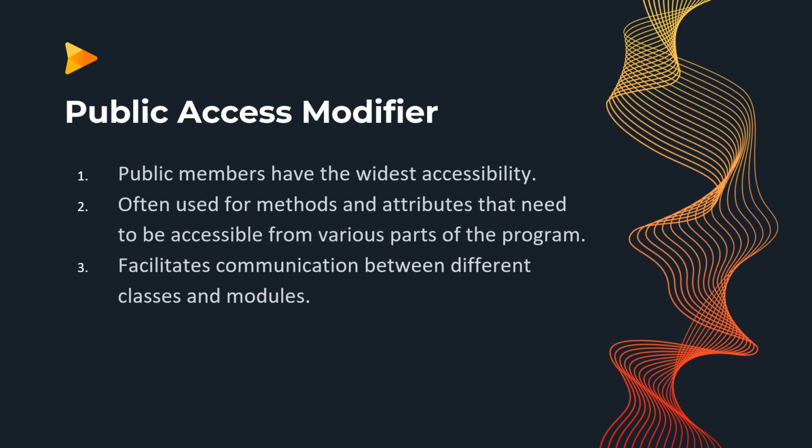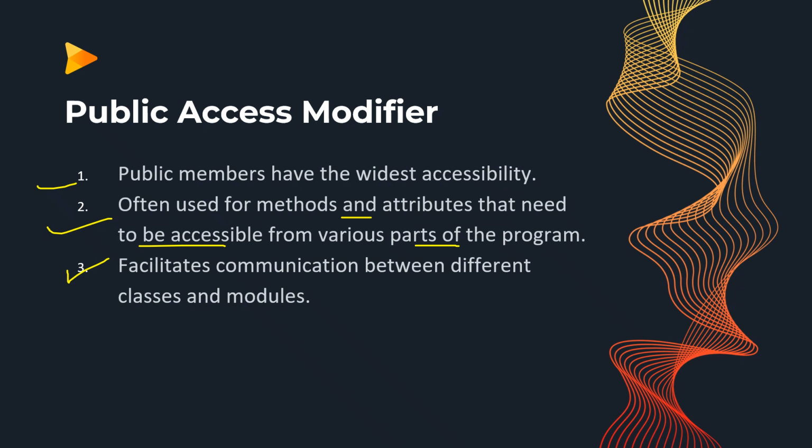Now we are going to see the public access modifier in detail. Public members have the widest accessibility, meaning they can be accessed from anywhere. It is often used for methods and attributes that need to be accessible from various parts of the program.